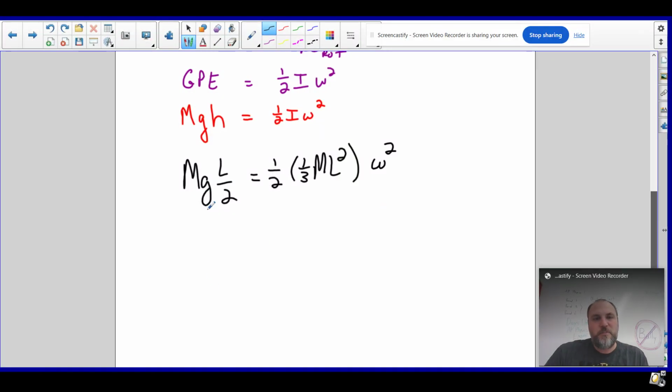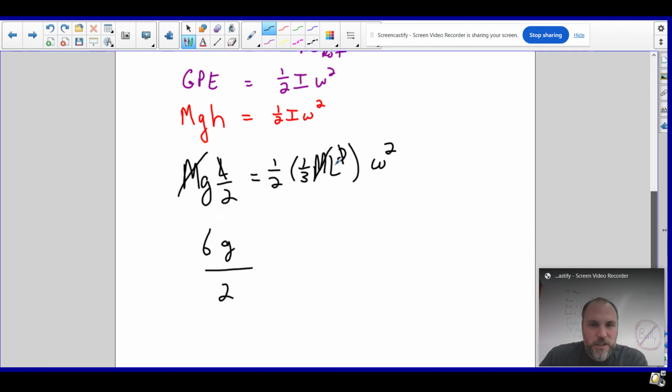So I'm going to simplify this a little bit. I've got an mgl over 2. 1/2 and 1/3 is 1/6. I see an m on both sides, so I'd be comfortable canceling those out. Then I have an L on the left and an L squared on the right, so that cancels with just one of those. If I take the 1/6 and multiply 6 to the other side, that's 6g over 2 left over.